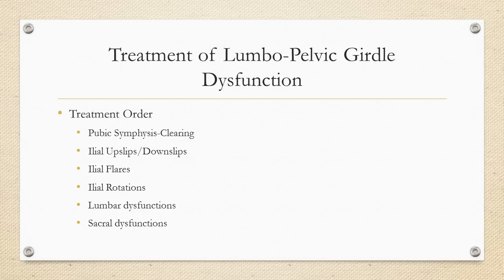When we look at the pelvic girdle, there is a school of thought that looks at a particular treatment order for the pelvic girdle, and it's listed here on the slide.